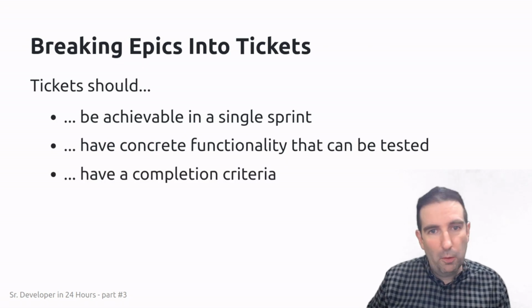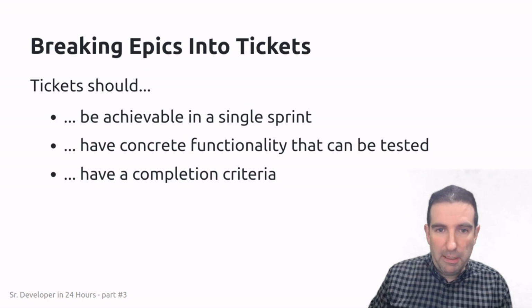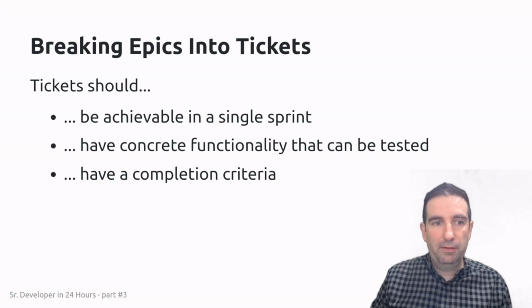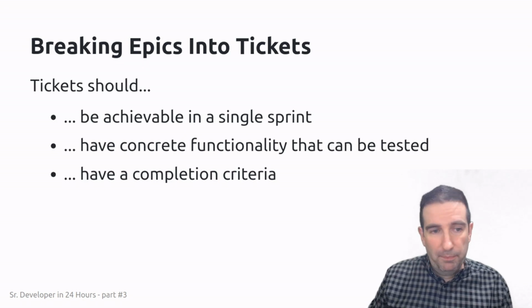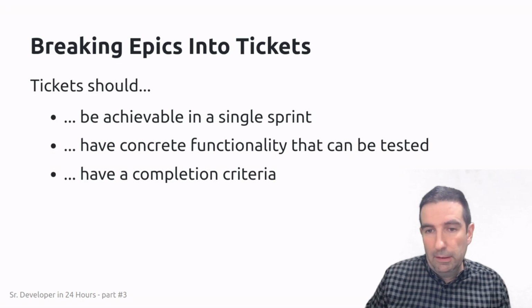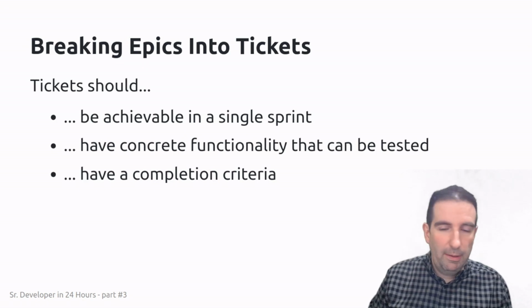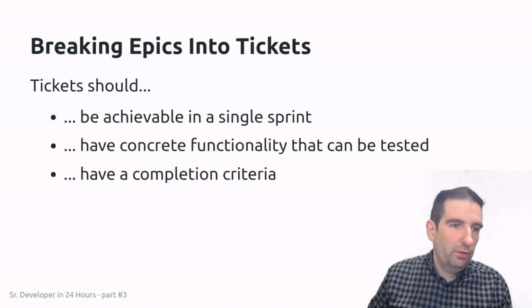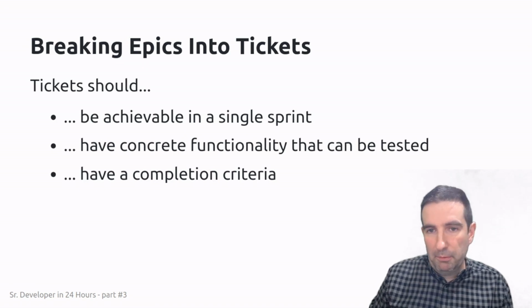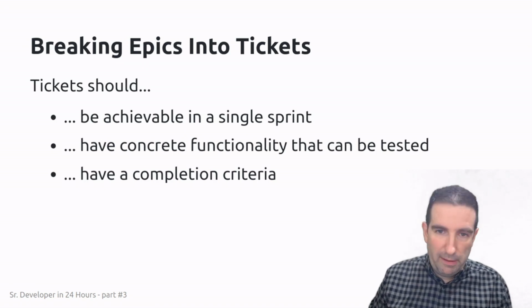Because at the end of the day, we want every ticket to have a completion criteria, something that defines, hey, we have achieved the goals of what we had in mind for this particular ticket. And this completion criteria is normally going to come from the users, or from the business analyst or the subject matter experts.